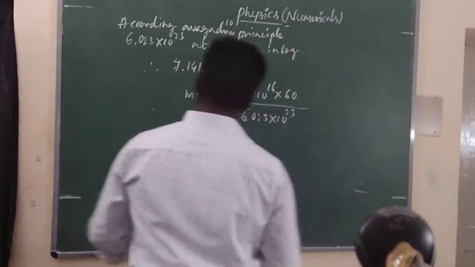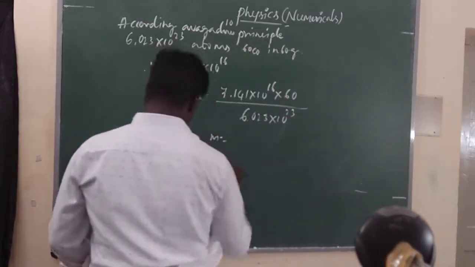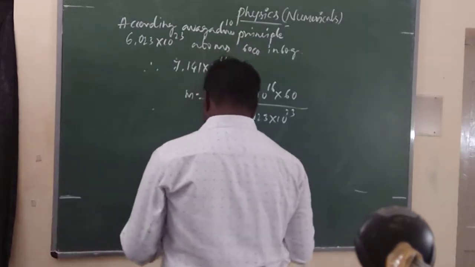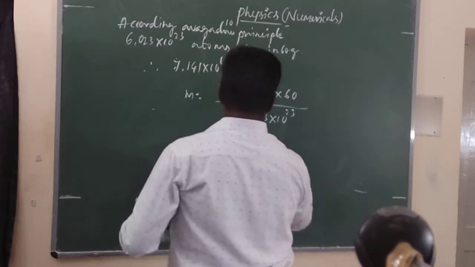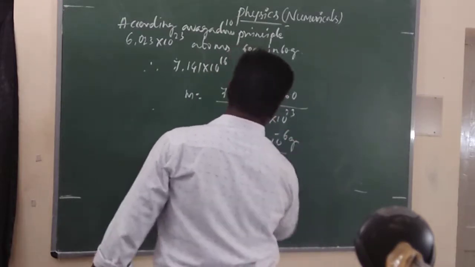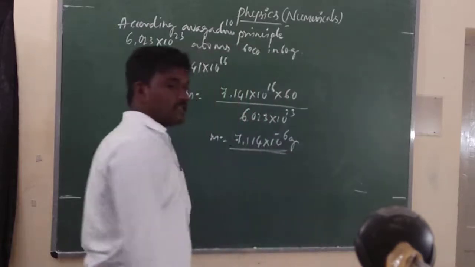Simplifying, the mass equals 7.114 into 10 to the power of minus 6 grams.